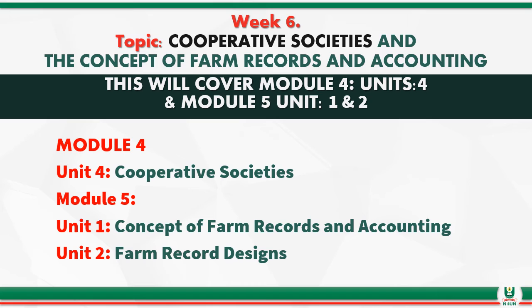We will also look at how many columns we are going to use, how many rows we are going to use. We consider all those. We have simple farm records and accounts for crop enterprise. We will look at that. Then cropping records, even labor records. We will be able to look at those.